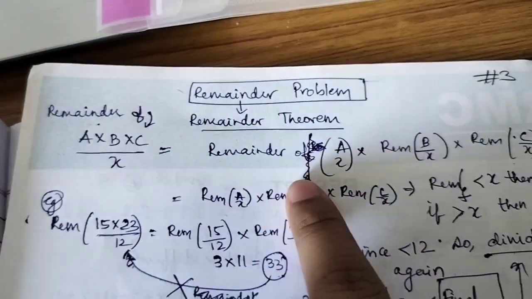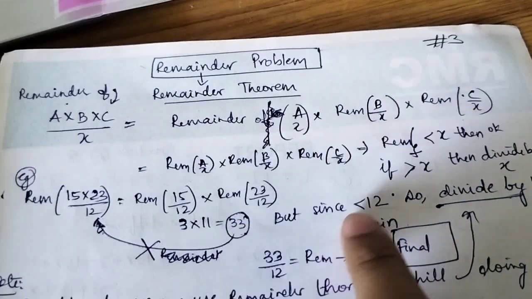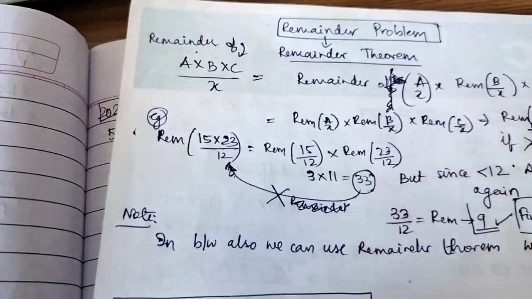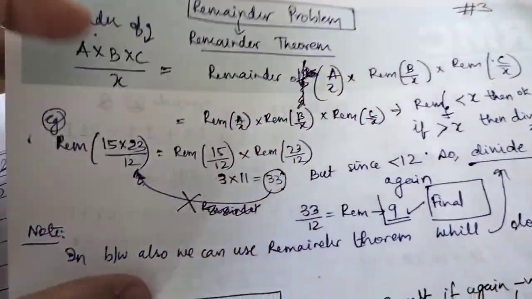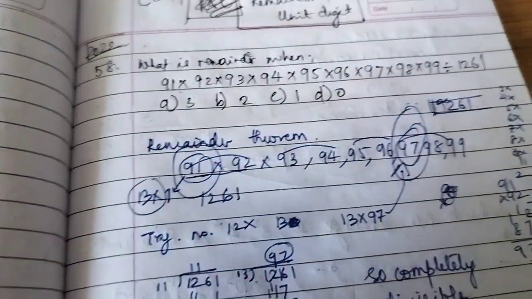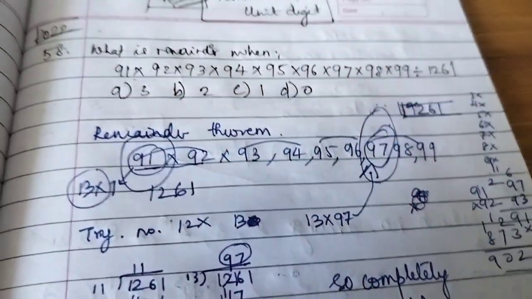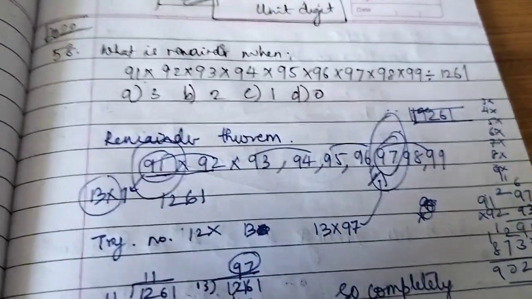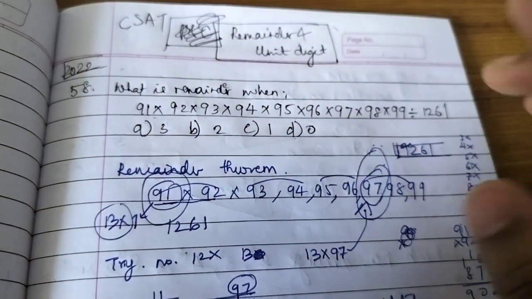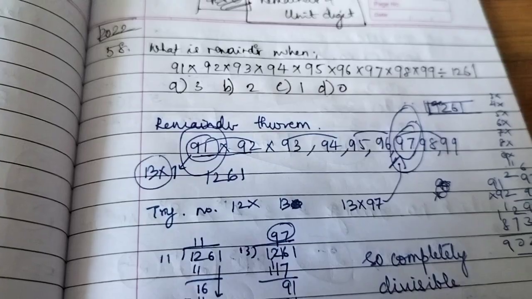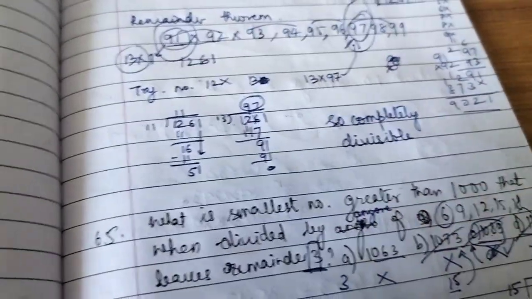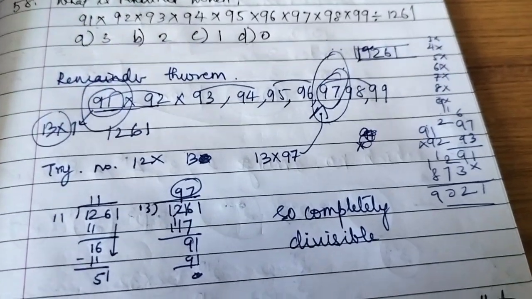You find the remainders of the individual ones and multiply them; if the remainder is less than x, you can take that as the final answer. But it didn't work here because they are huge numbers and it's impractical to solve all of them. In CSAT, just solving the question doesn't matter. You have to solve it in a way that lets you solve the other questions as well, because that's not the only question, you have to solve another 79 questions.